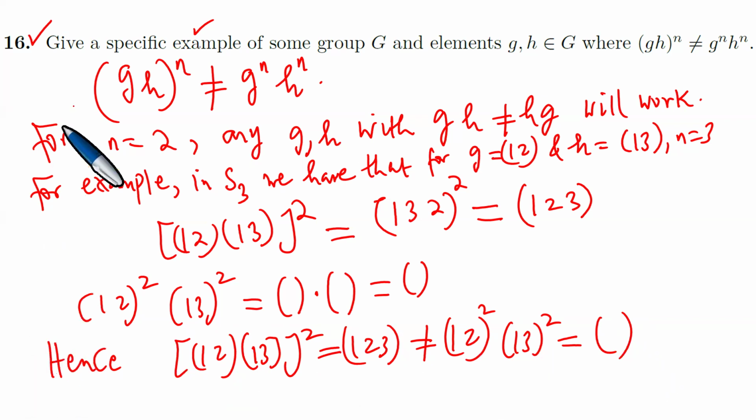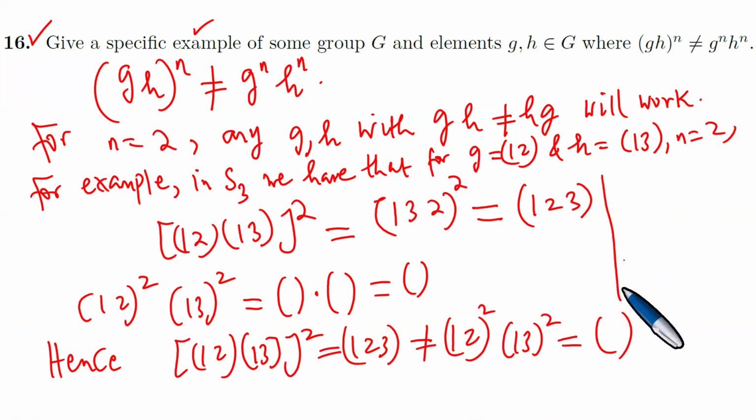Obviously here we're to give a specific example of some group G and elements G and H where this is the case, and we've already seen that in S3, if you take G to be 1, 2 and H to be 1, 3, with n equals 2, if you square, we can see that this is the case.